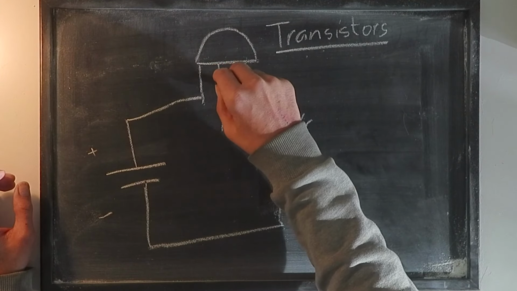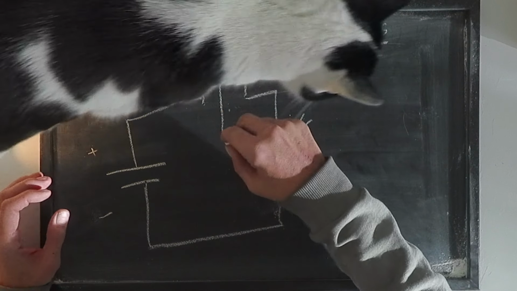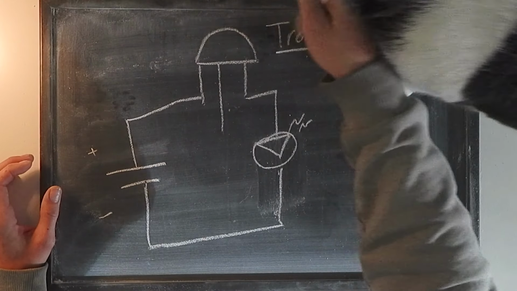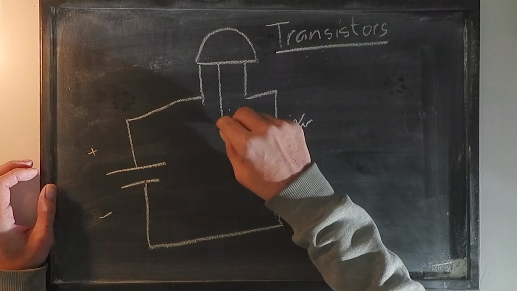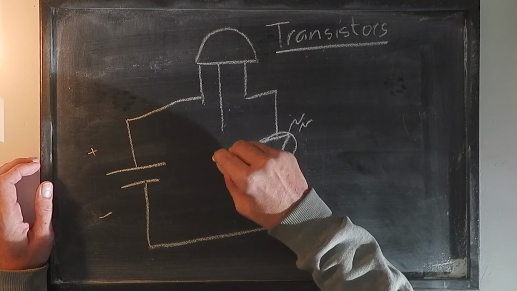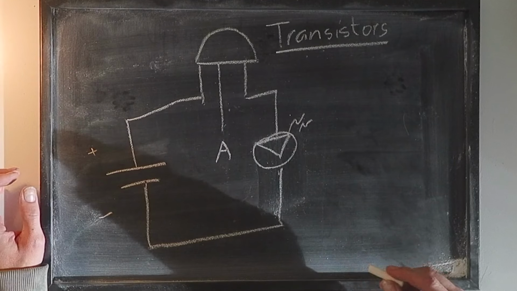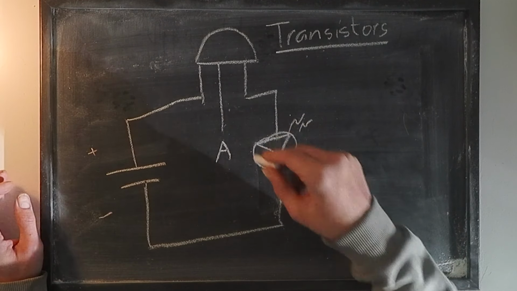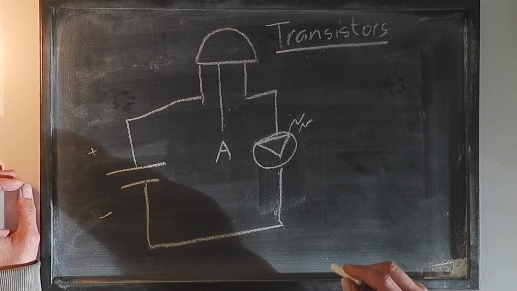However, if we take this middle leg right here and we put electricity on this leg, let's call this signal A. We don't need to put a lot of electricity, just a tiny signal, then this light will turn on.